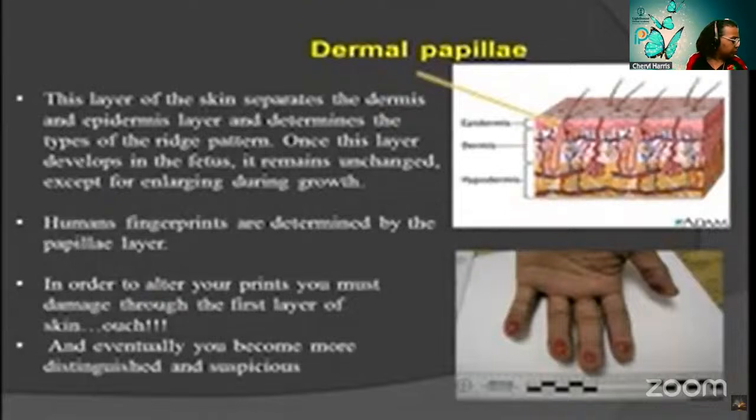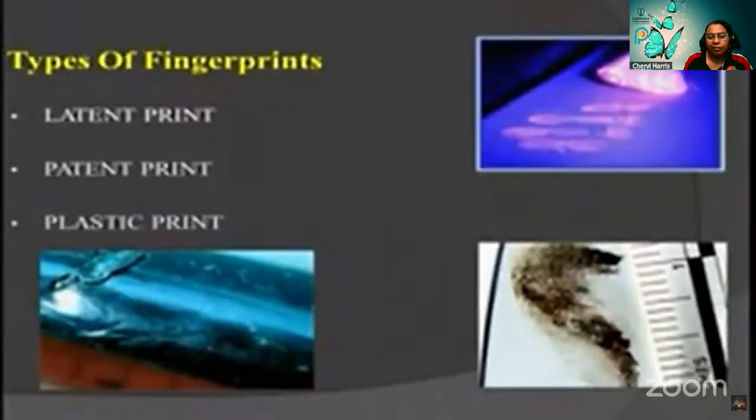But again, it is not so effective because you have the rest of the other fingers as well, and you cannot change or damage all of the dermal papillae of your fingerprints, because eventually you will become a kind of suspicious person. So that is not a commonly effective use of the criminals in order to dodge the law enforcement practitioners.